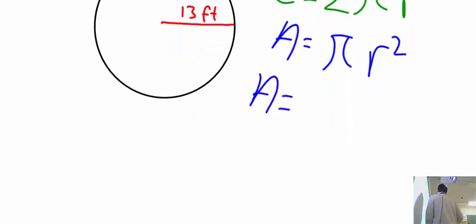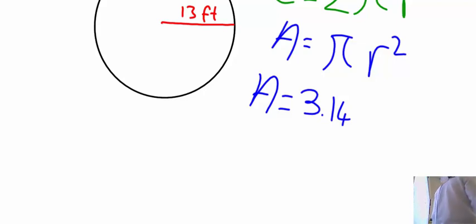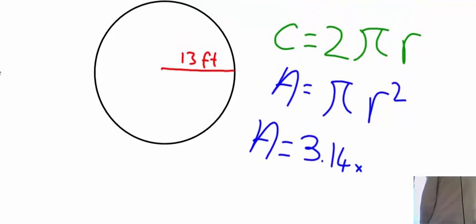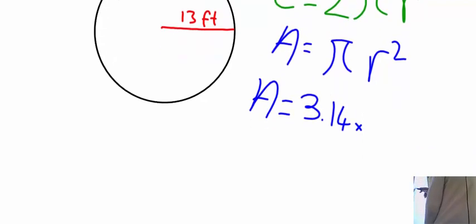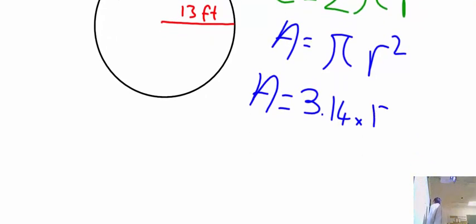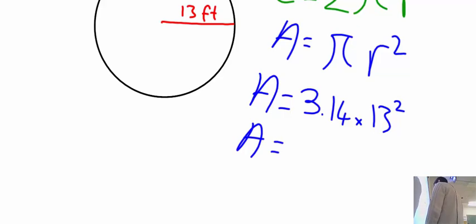Area equals, what is pi? 3.14. If you still don't know what pi is, it's over there. Someone erased it, so I'm going to rewrite that. 3.14 times r squared, that's the radius. The radius for this circle is 13 feet. So let's write down 13 square. Don't forget the square. Now you are allowed to use the calculator.